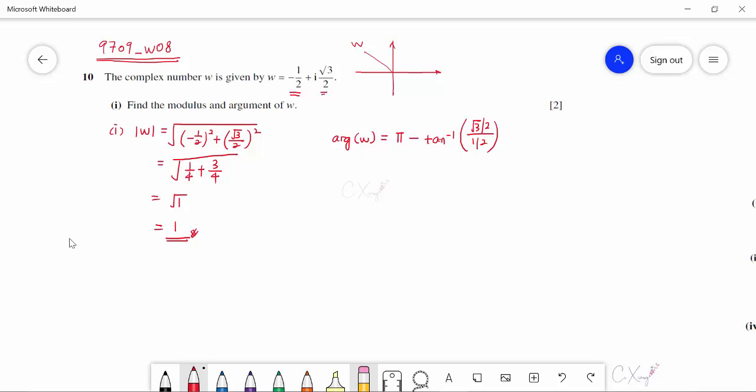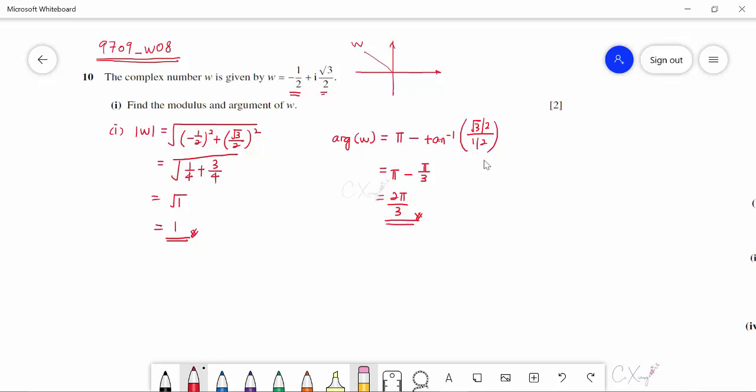That means I first find the basic angle for w, which is in the first quadrant, and then to get the respective angle in the second quadrant, I take pi minus the basic angle. So you have pi minus pi over 3. The pi over 3 is the basic angle, and therefore the answer I get straight away is 2 pi over 3. So this is the argument for w.